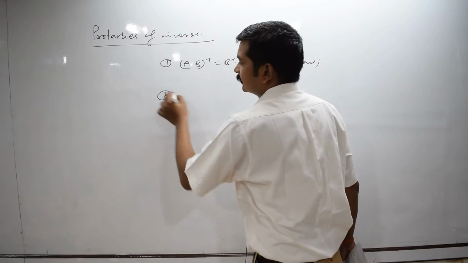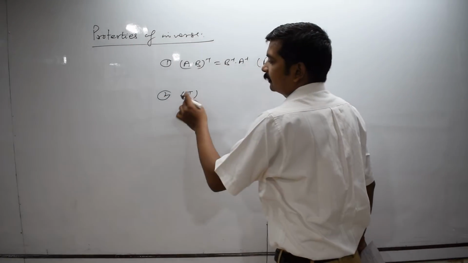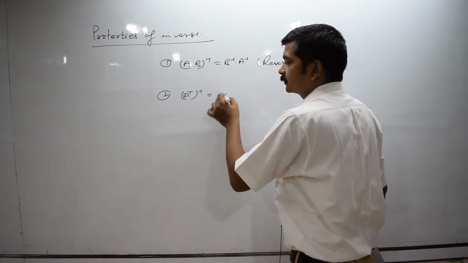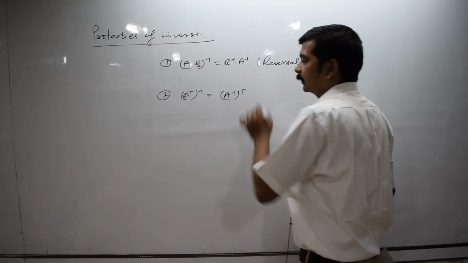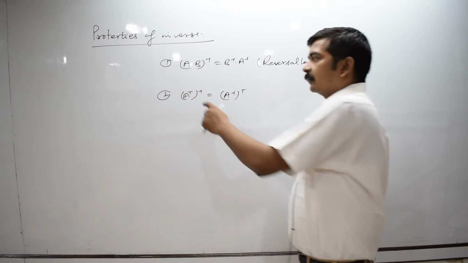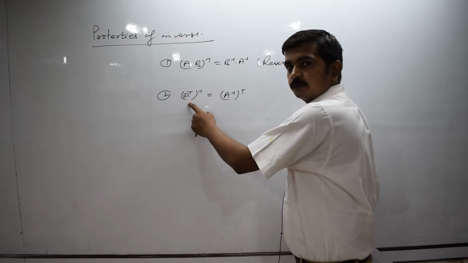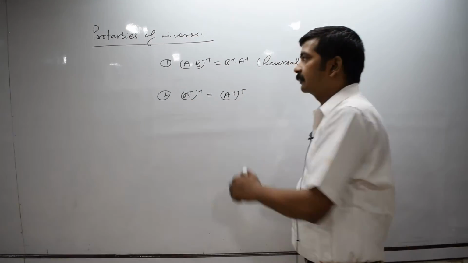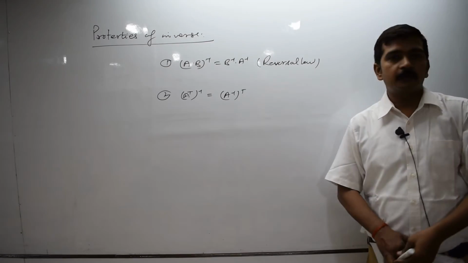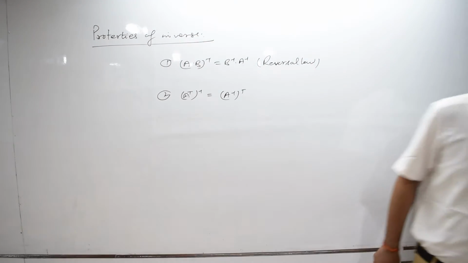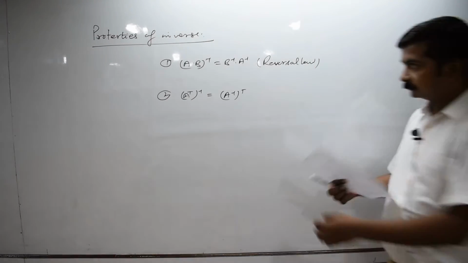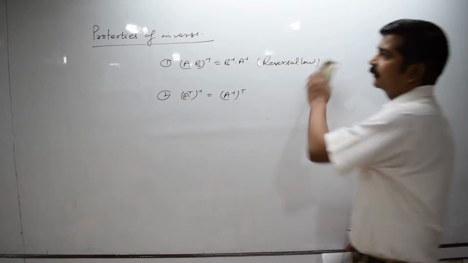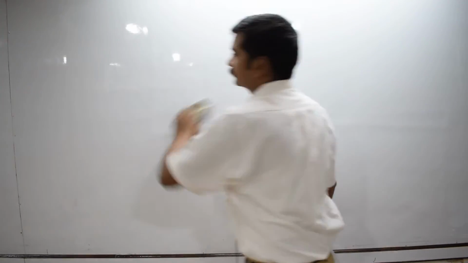And second is that if we take A transpose, its inverse equals A inverse transpose, meaning the inverse of a transpose matrix equals the transpose of the inverse matrix. These are two useful properties of the inverse matrix. Now, we take an example related to the inverse of a matrix.